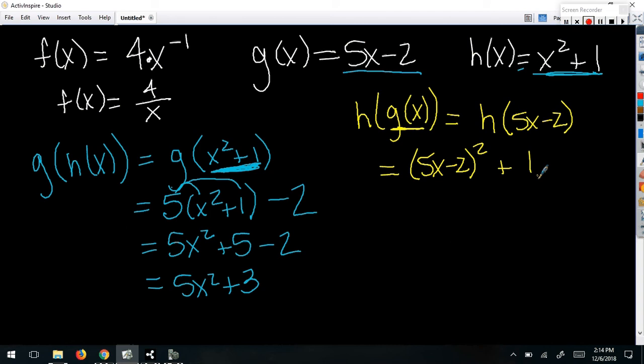No. Say no. Remember, if you're multiplying or dividing in here, you can. But adding or subtracting sets you up for a FOIL problem.